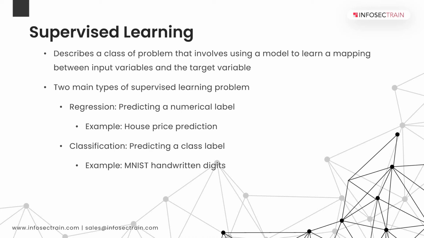A very basic and very popular example of classification is the MNIST handwritten digits data set. Here you have to classify different handwritten digits. As we know, there are 10 digits in total, from 0 to 9. In this data set, let's say for training we have 70,000 images and for testing we have 30,000 images of handwritten digits.